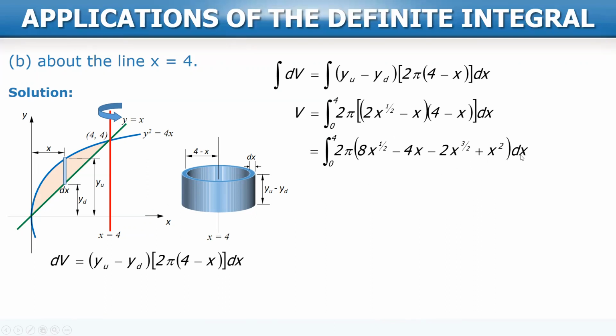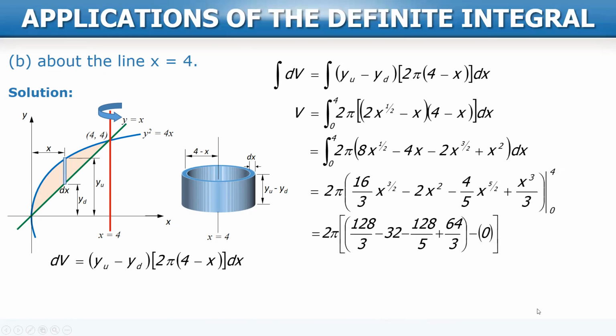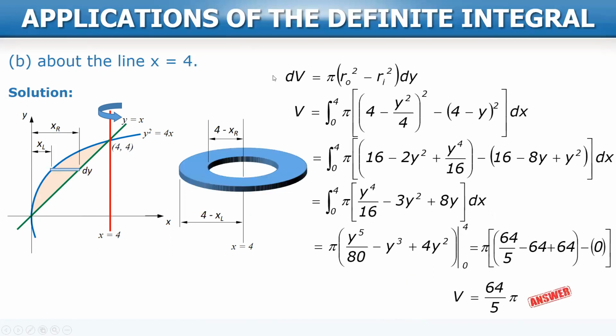And then integrate using the power rule, evaluate from lower to upper limits, and then simplify. The answer is 64 over 5 times pi. Check. 64 over 5 times pi.